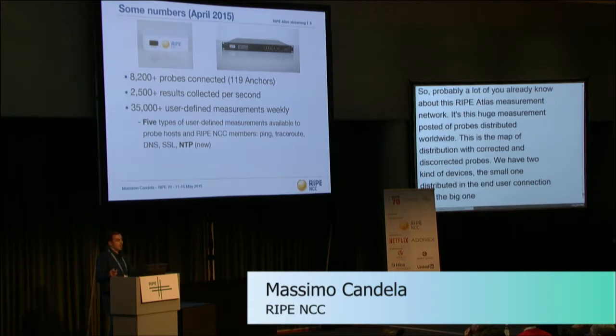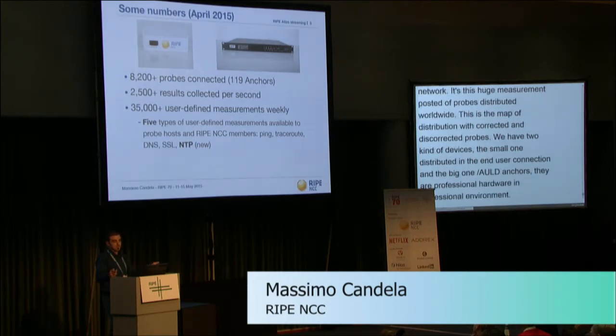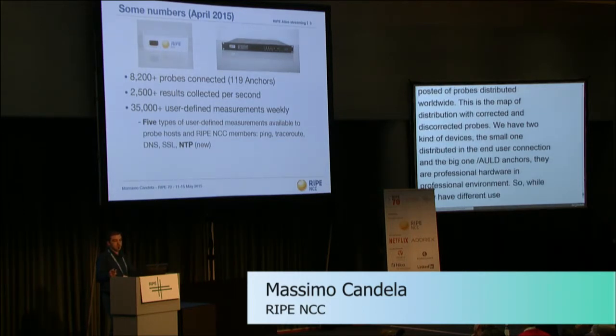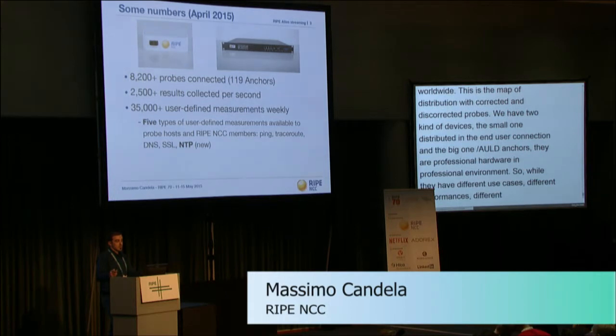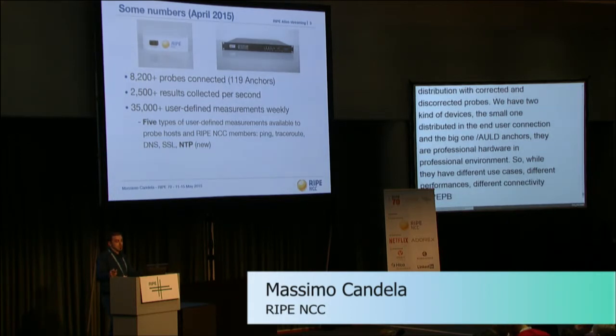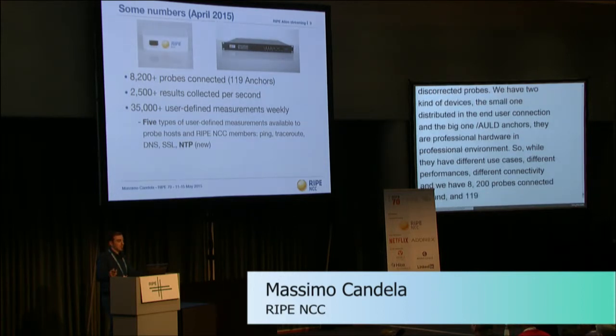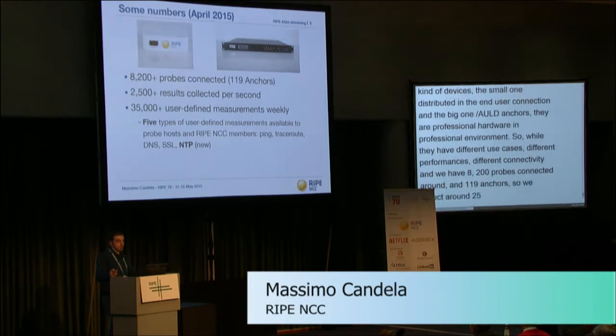They are professional hardware in professional environments. So, they have different use cases, different performances, different connectivity. And we have 8,200 probes connected around the world and 119 anchors. So we collect around 2,500 measurement results per second.